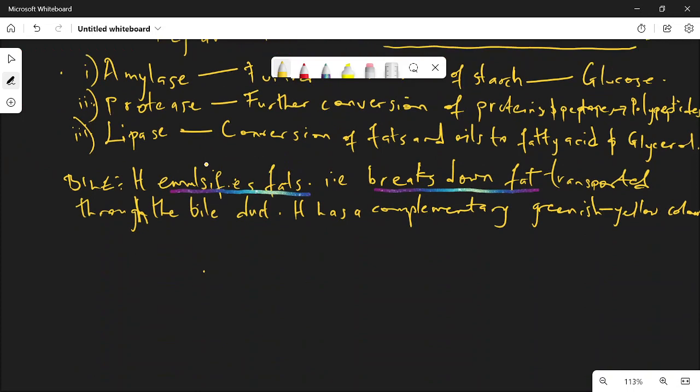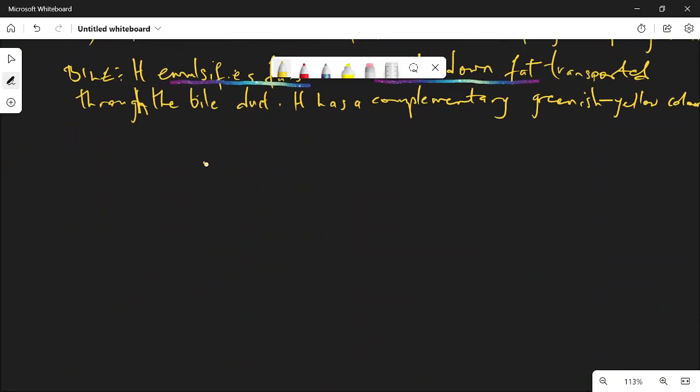So the next thing we'll be talking about now is the small intestine. That's going to be our organ number 6. Organ number 6 is the small intestine.